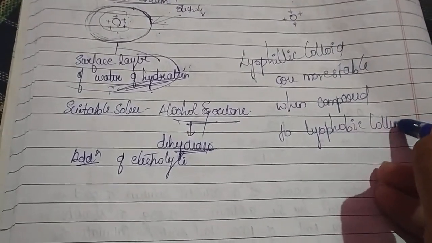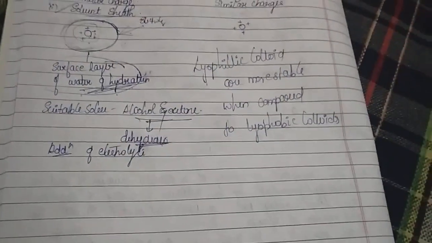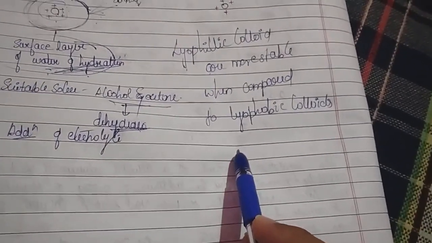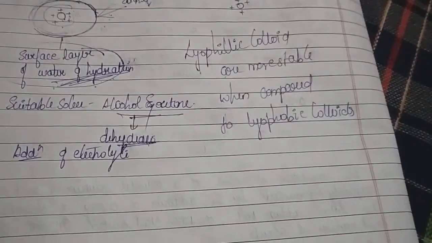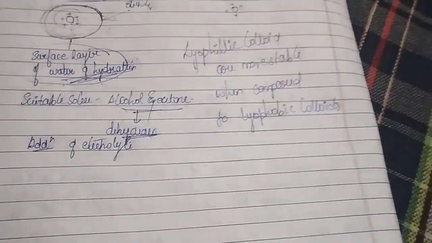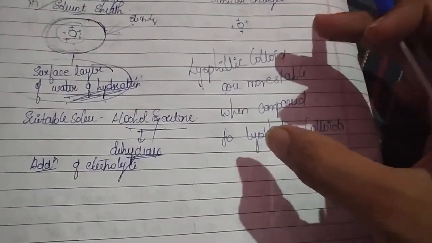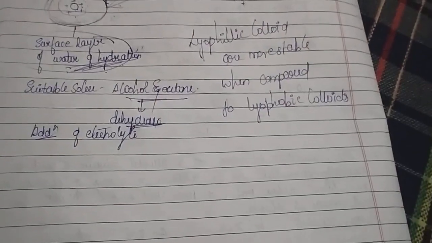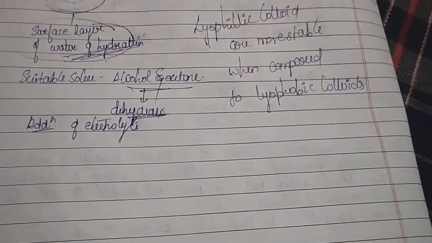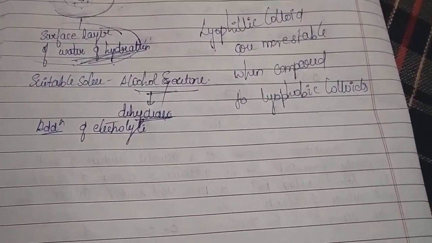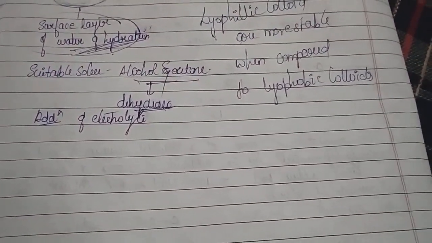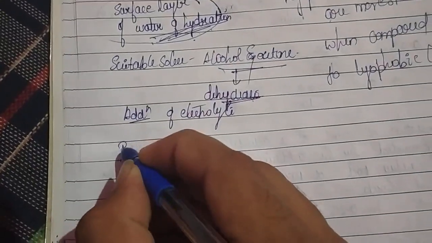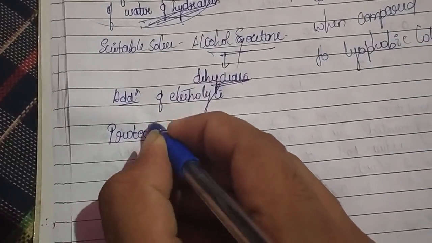So utilizing this concept, we are going to see how we can protect our lyophobic colloid from the action of electrolytes. In simple words, using this concept of the stability of lyophilic colloid, we are going to see how we can protect the lyophobic colloids from coagulation, under the concept called the protective colloid.